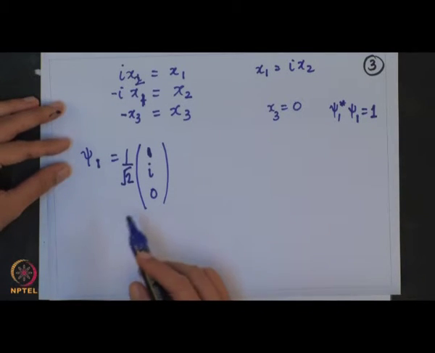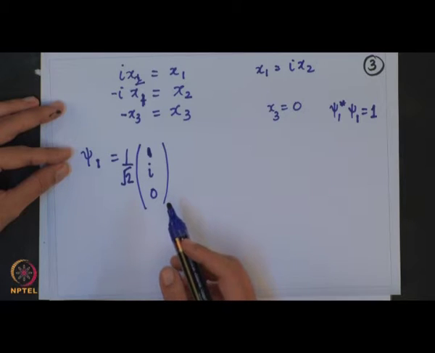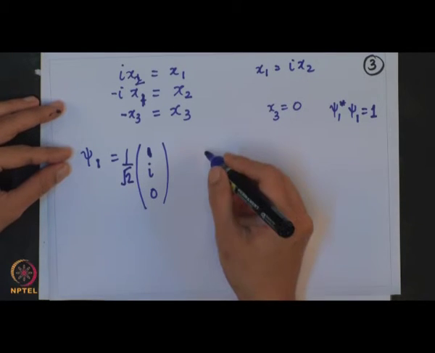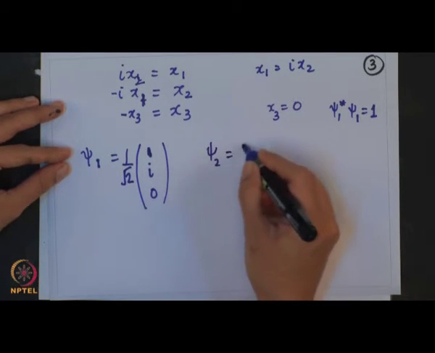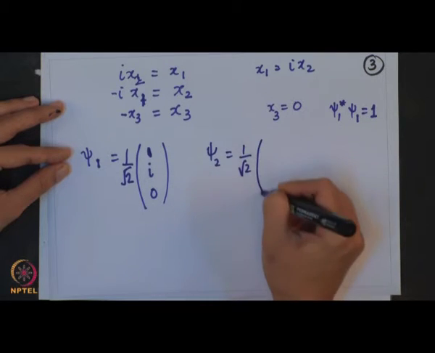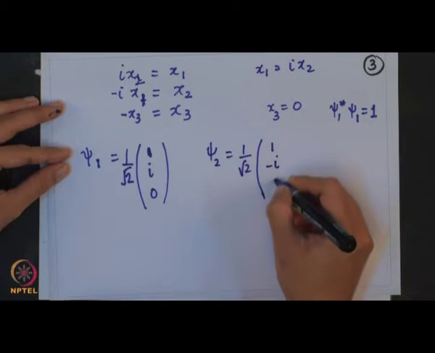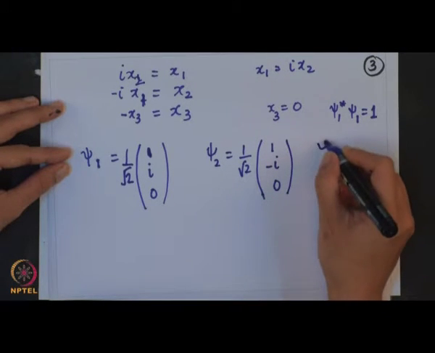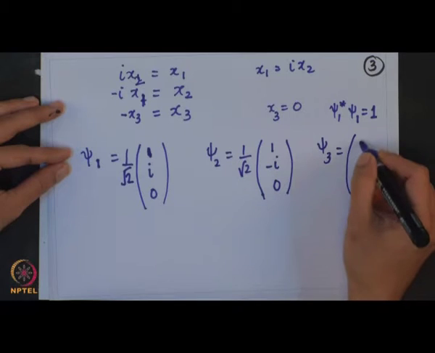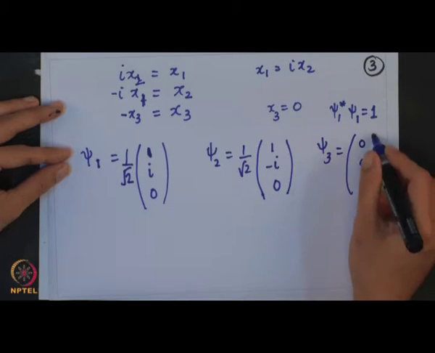With this you can similarly calculate psi 2 and psi 3. It is a simple task. You have here 1, minus 1, 0 and psi 3 will be 0, 0, 1.